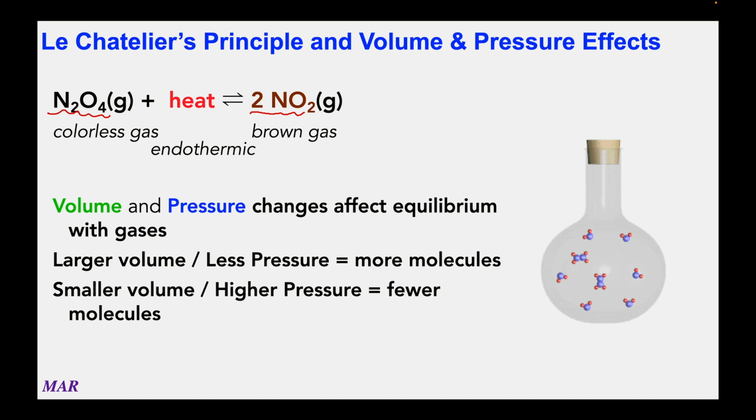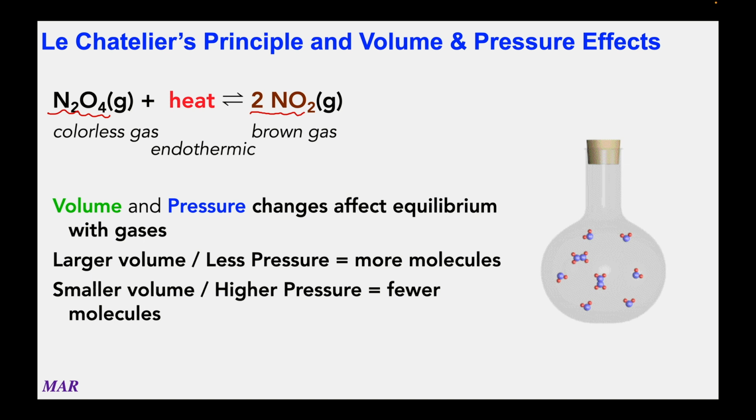And why that's important is because volume and pressure will affect how concentrated these things will get. So for example, if you have a bigger volume, like you change it to a bigger flask, or less pressure, there's going to be more room to move around, and the equilibrium will shift to the side with more molecules. So in this case, it would shift to the side of NO2.